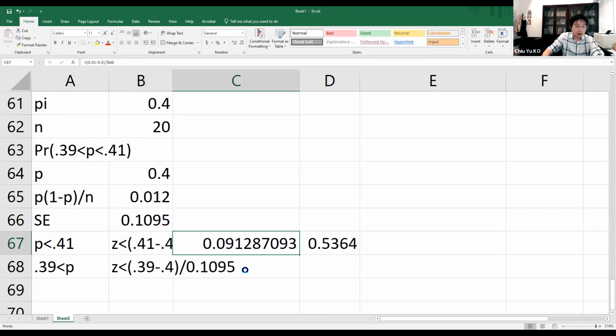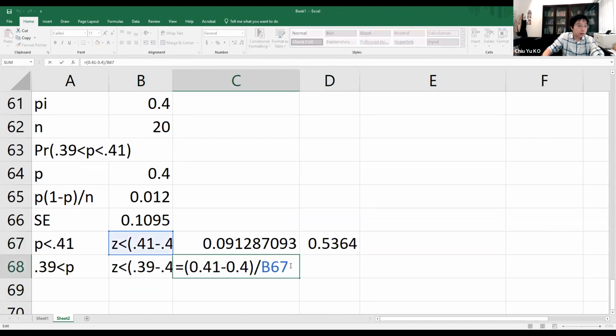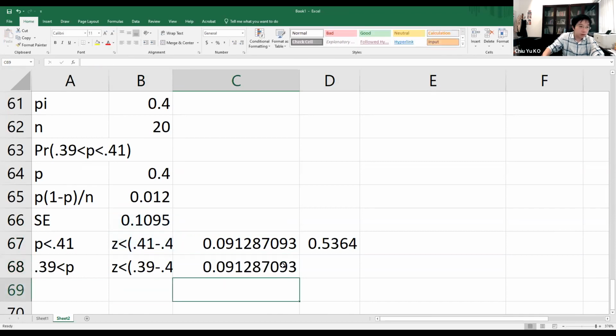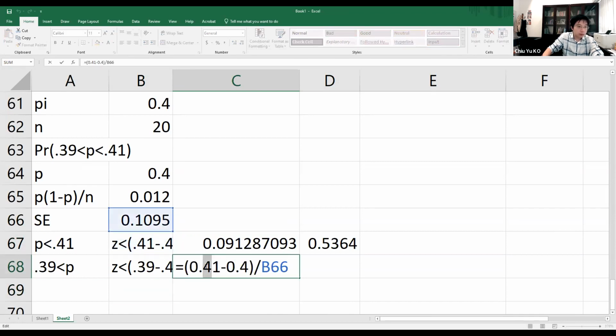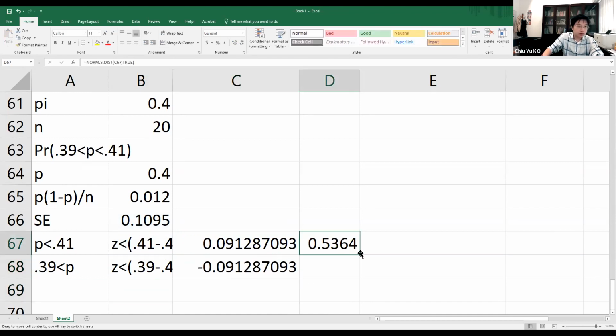The answer will be similar. So you get the same, then you take the difference.